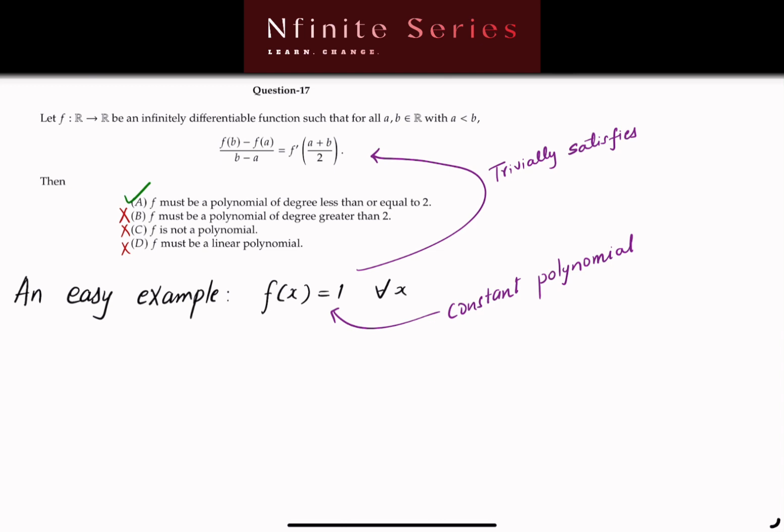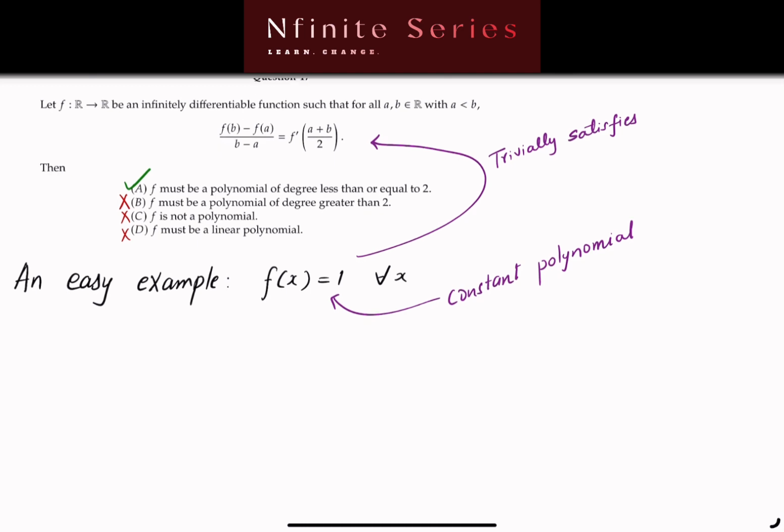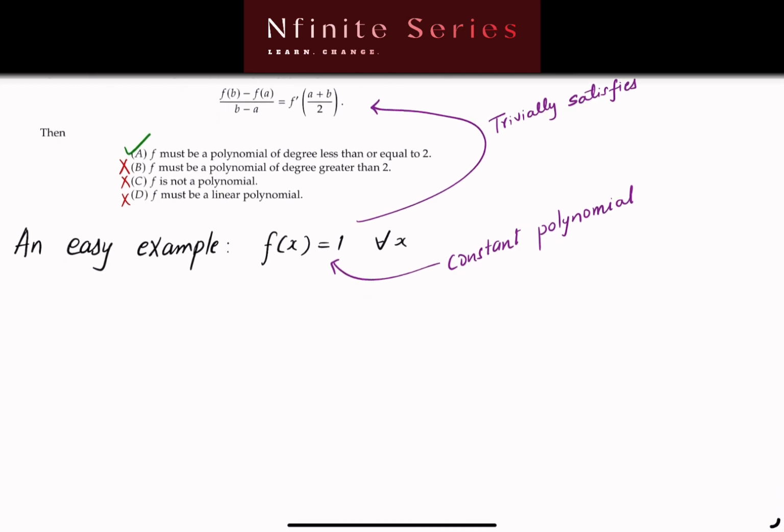Now, as usual, we will dive deep into the mathematics behind the correct answer and we will actually prove that A is indeed the correct option. Now to prove that, what is it we want to prove? We want to prove that f must be a polynomial of degree less than or equal to 2. In terms of derivatives, it suffices to prove that the second order derivative of the function is a constant.